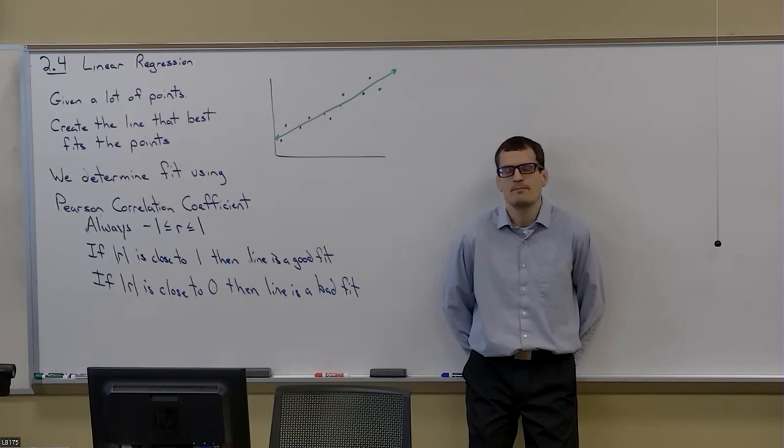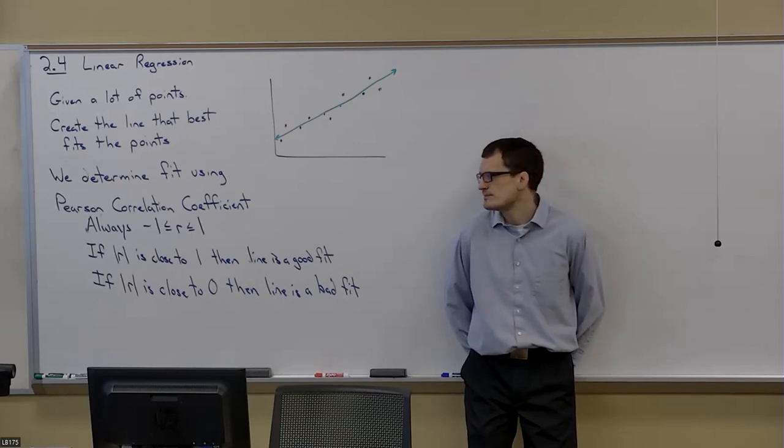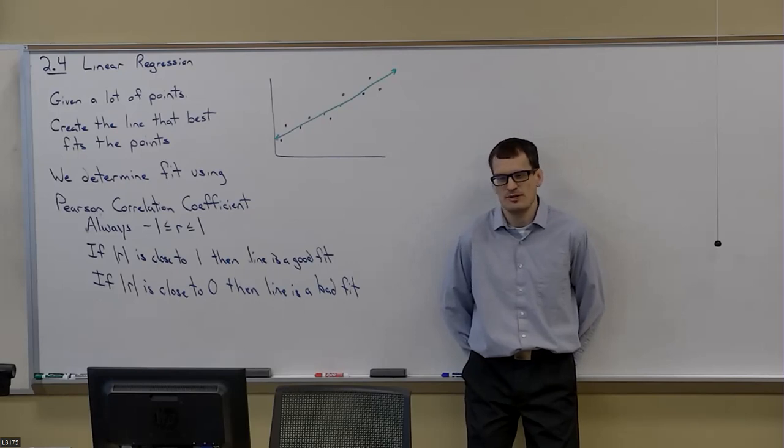Okay. But an R of 0.3, if we have a small data set, probably is not a great correlation. Not a good fit. Does that make sense?